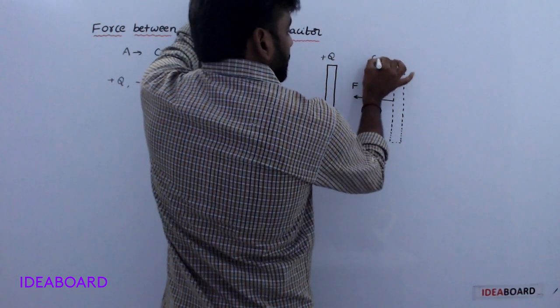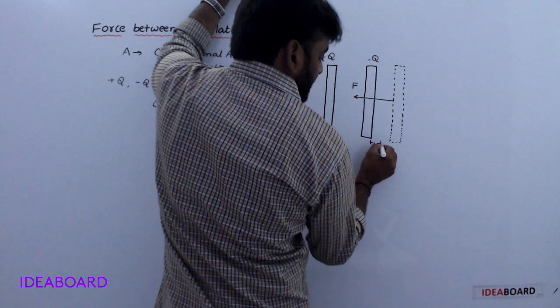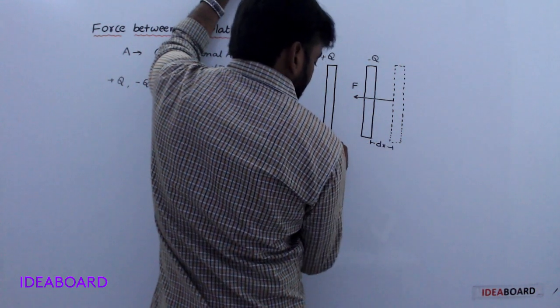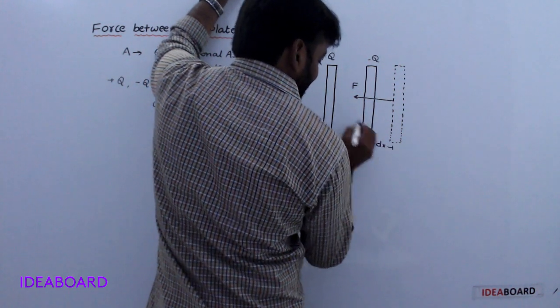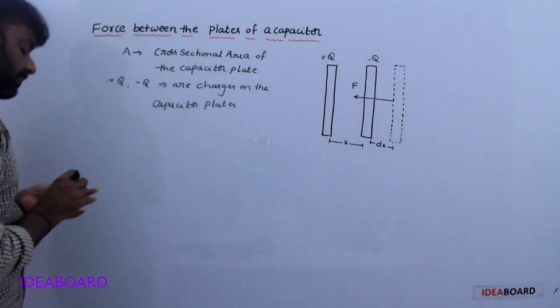Attracted with force F. Its movable distance is dx. Present separation distance is x.